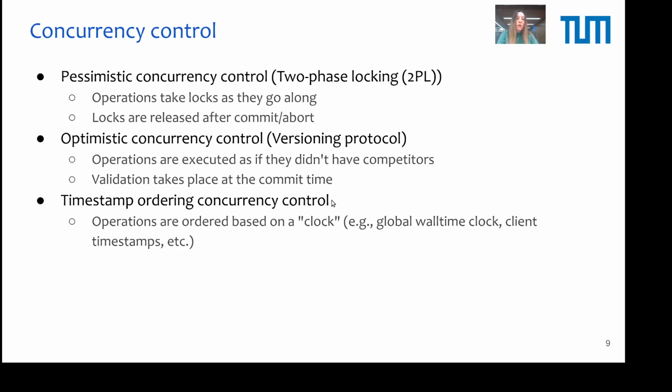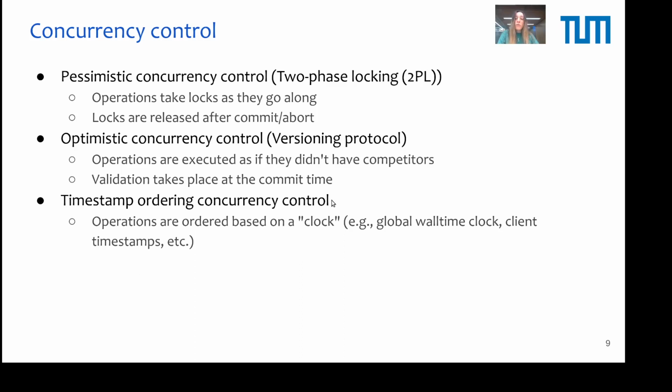Now let's talk about concurrency control. Briefly, there are three types of concurrency control. We have pessimistic concurrency control, like two-phase locking, where operations take locks as they go along, and the locks are released after the transaction is completed, either committed or aborted.